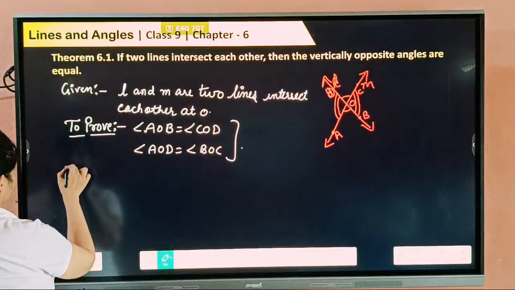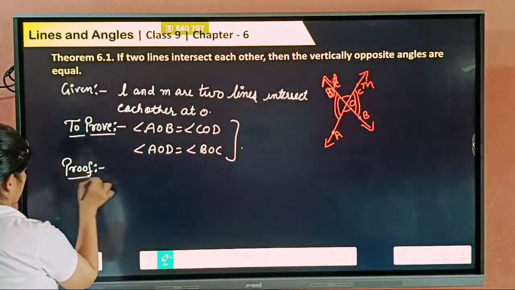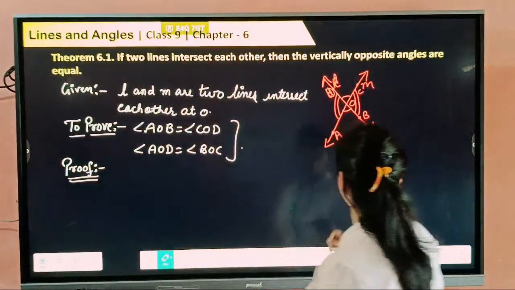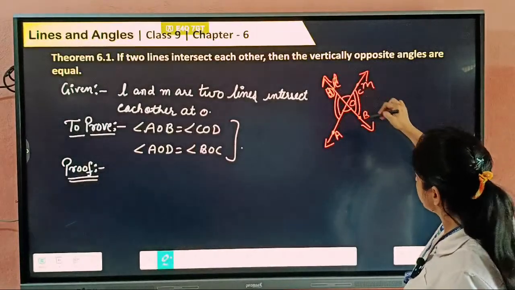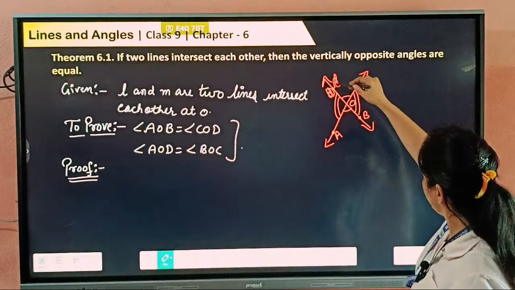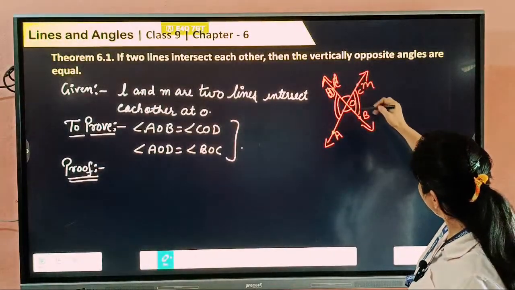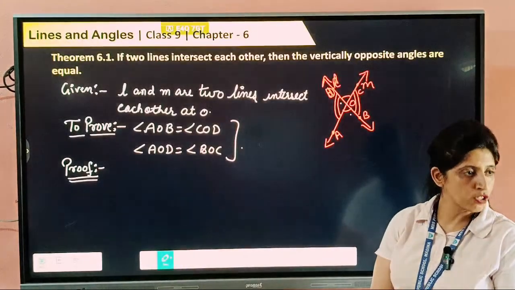These we have to prove equal, right? Now we will start the proof. In the proof, we will take one line like this. This is a straight line BOD, and OC falls on it. So in BOD, this angle and this angle sum is 180 degrees because of linear pair.